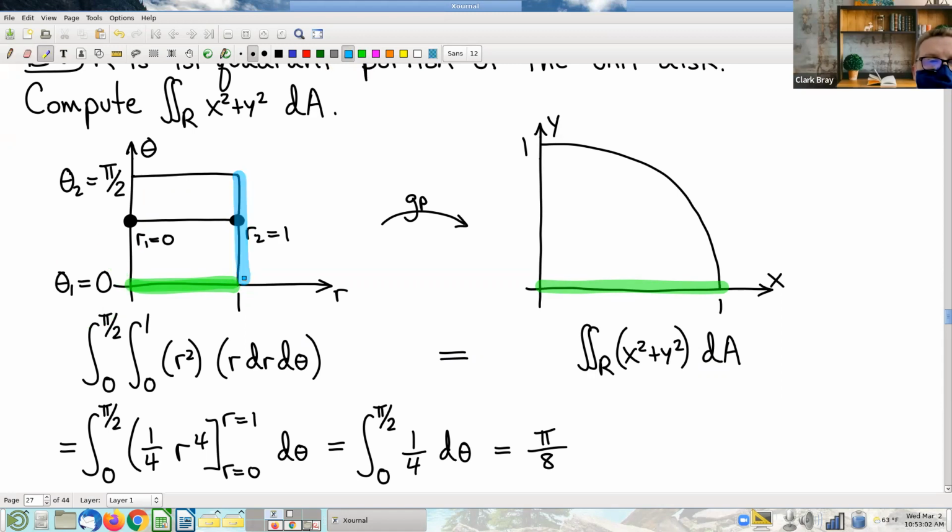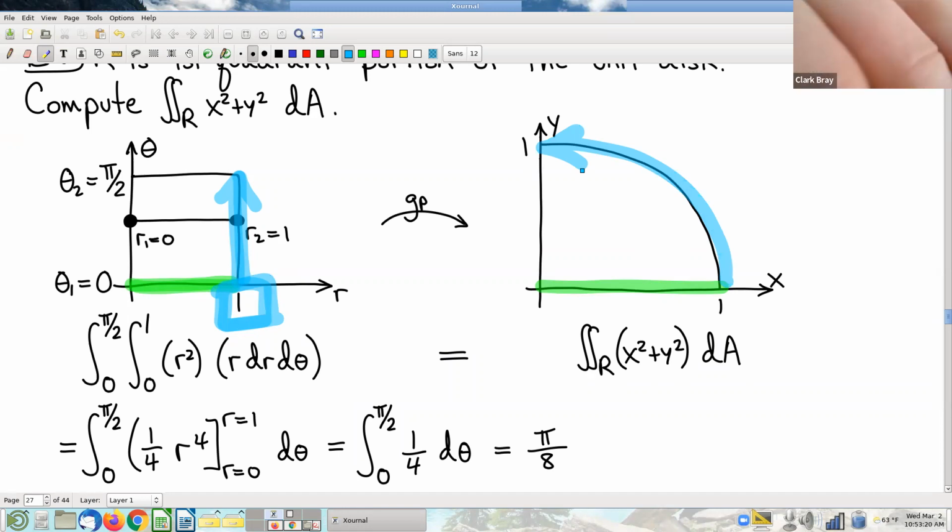Well, this is where r is fixed at 1 and theta goes from 0 to pi over 2. So r stays 1, theta ranges from 0 to pi over 2. Right, and you can kind of continue your way around. This edge is that.